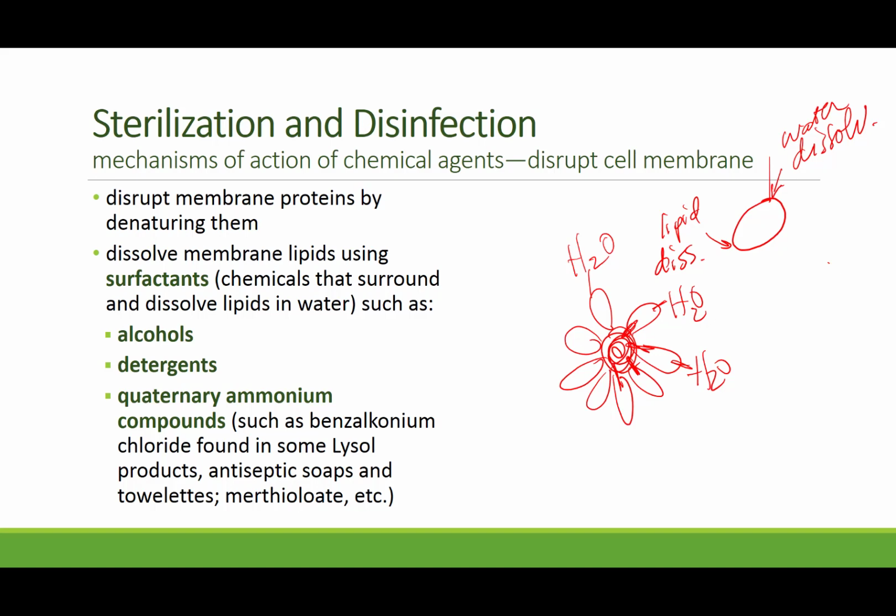And in this way, we can disrupt the, if you recall, the membrane is built of phospholipids, and they have their hydrophobic tails pointed toward each other. So now we can interrupt this hydrophobicity by sending all these surfactant molecules in there, and that can poke holes in the membrane. So hopefully that makes sense to you.